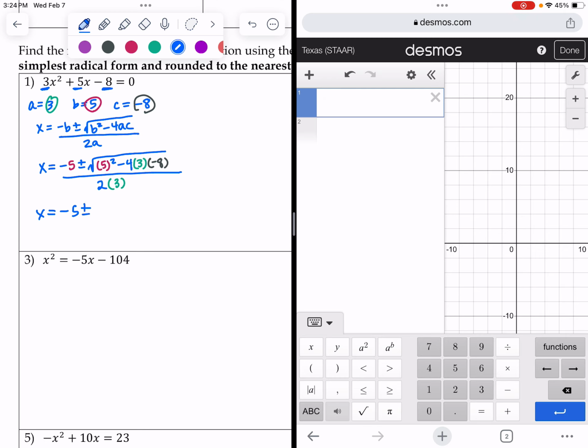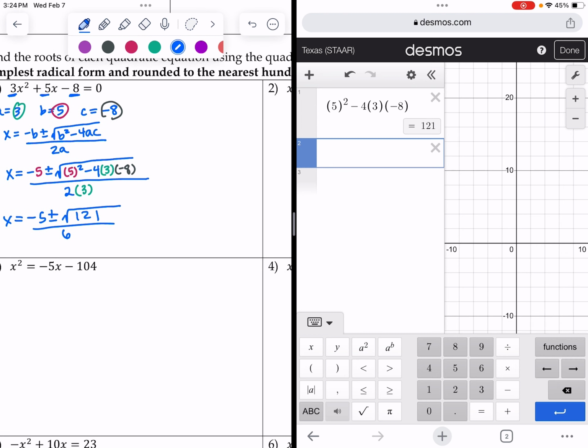I'm going to leave the plus or minus. Then I simplify everything under the radical and type it in parentheses. So everything under the radical, don't even type the radical, and type it exactly how it looks. Okay, it gives us 121. And then 2 times 3 is 6.